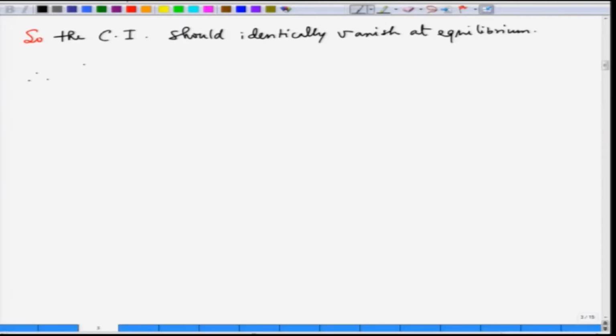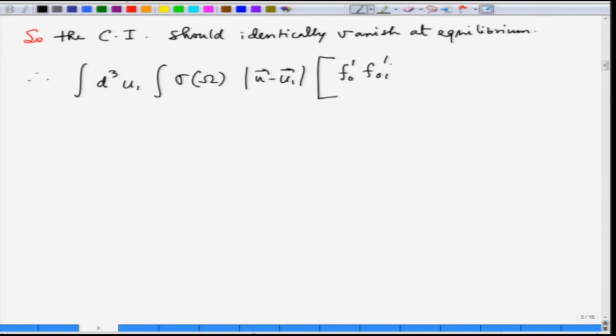So, we can simply write the integral d cube u1, integral over omega, sigma of omega, times the magnitude of u minus u1, within bracket f0 prime f01 prime minus f0 f01. I have just replaced every f by its f0 value, because we are talking about equilibrium. So, this will be the new thing, and then it is integrated over, and this is identically 0.